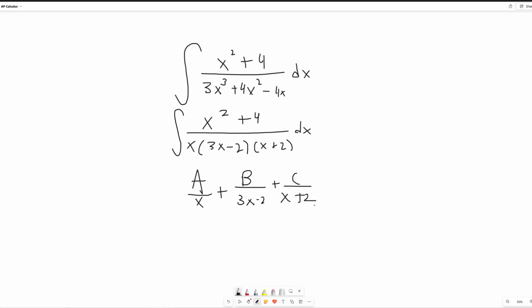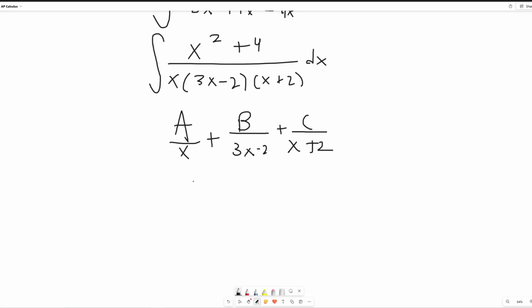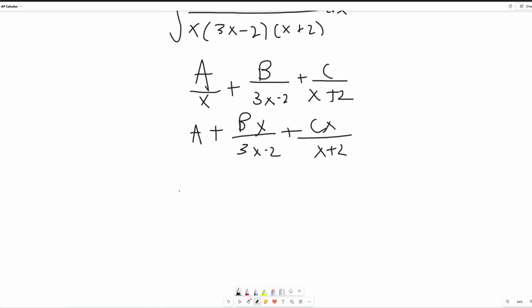Okay. So now we need to get rid of these denominators. I'm going to set it equal to x squared plus 4 after. So how do we get rid of these denominators? We'll multiply everything by x. So a plus bx over 3x minus 2 plus cx over x plus 2. Okay. Multiply everything by 3x minus 2.